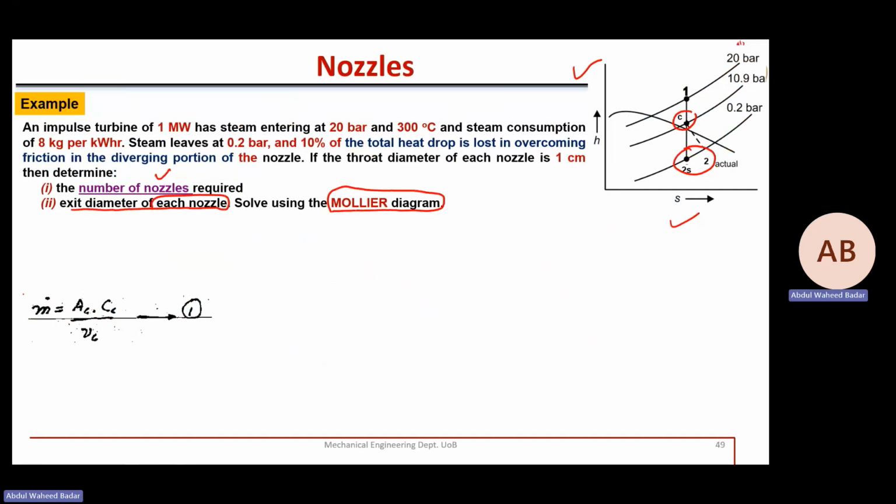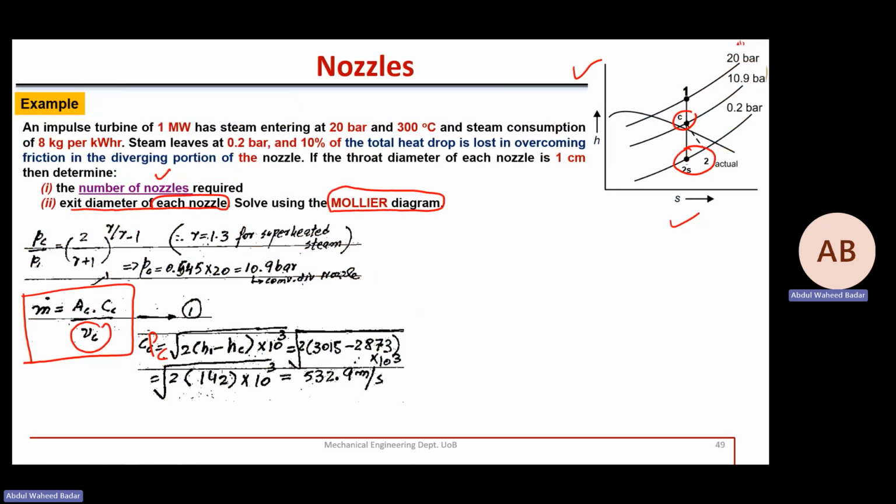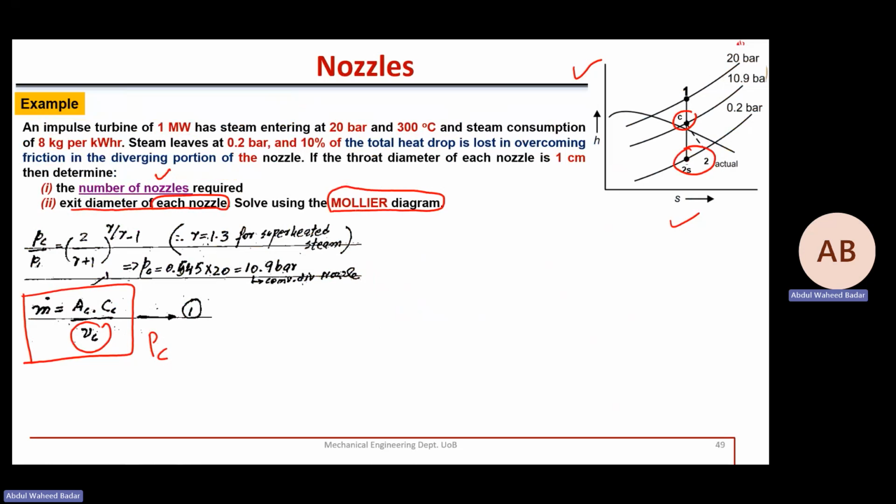So this is the equation to find out mass flow rate. But to find out the enthalpies and VC, we need PC, the critical pressure. And we already know this simple equation which we derived. Throughout, it's isentropic, and this equation was for isentropic also.